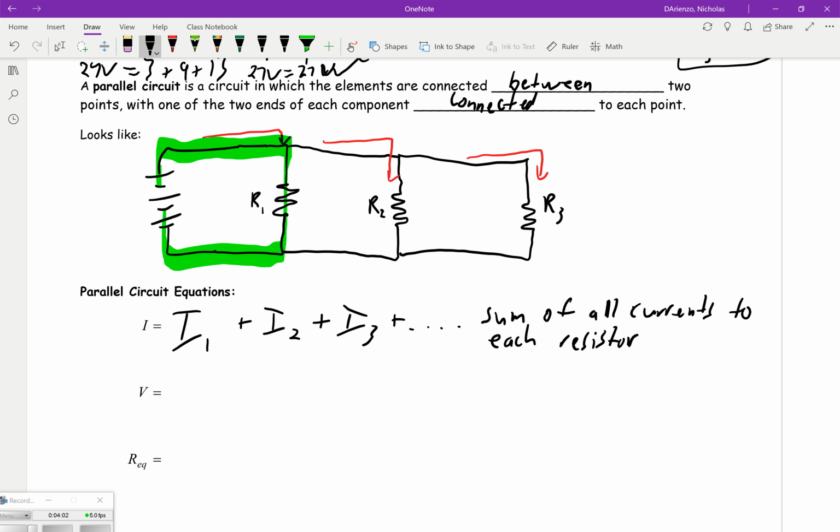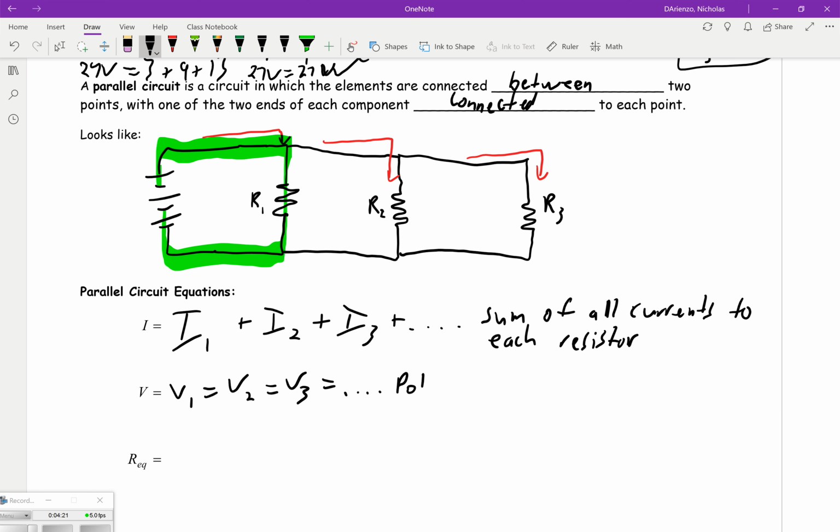The voltage and current are kind of flipped from a series to a parallel circuit. Now the voltage is going to be the same at every branch as it is from the source, depending on how many branches we were to have.